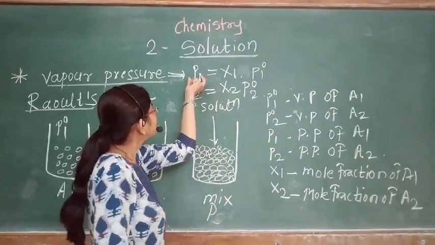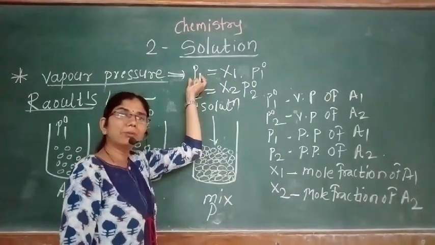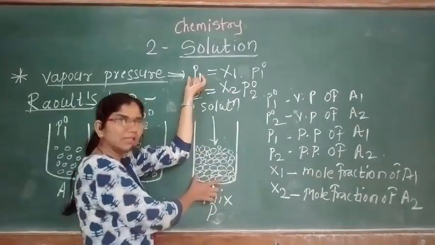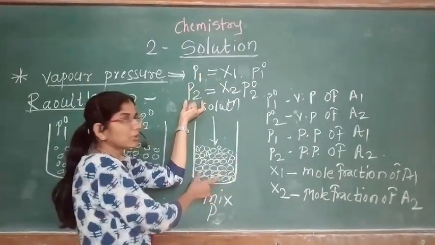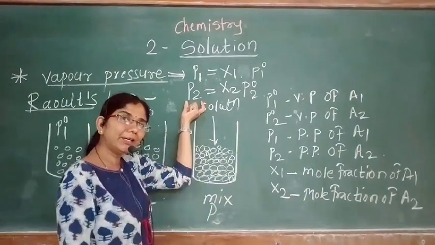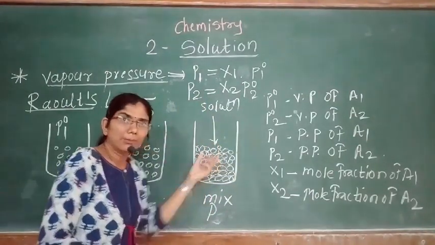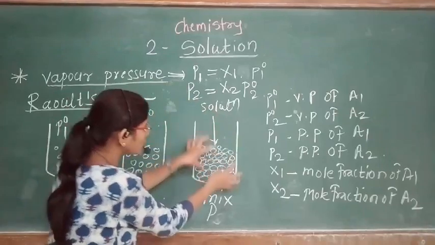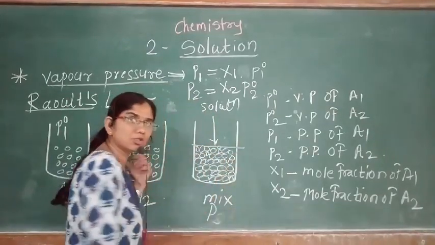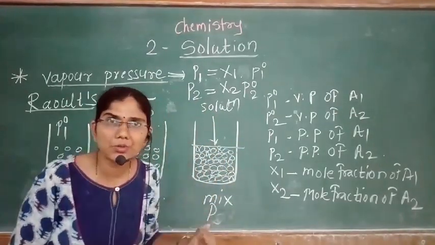So this is the partial pressure of volatile component A1 in the solution, and this is the partial pressure of the volatile component A2 in the solution. Because if we mix these two components, it forms a solution.